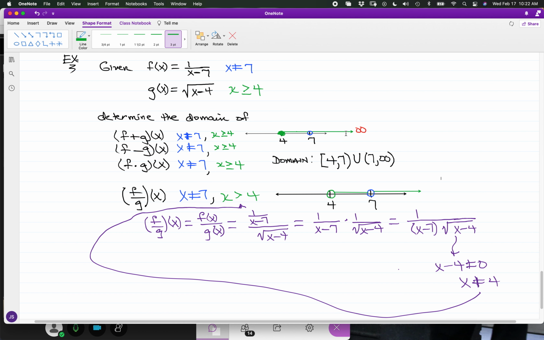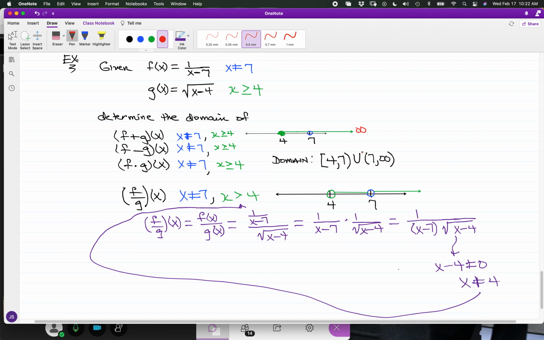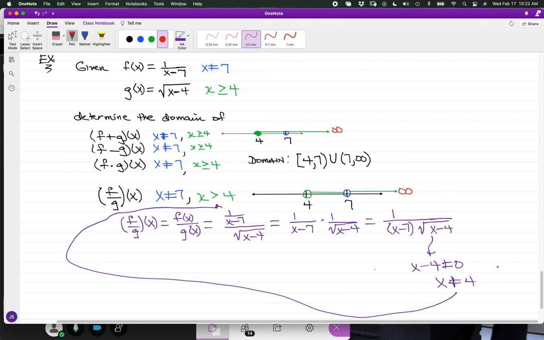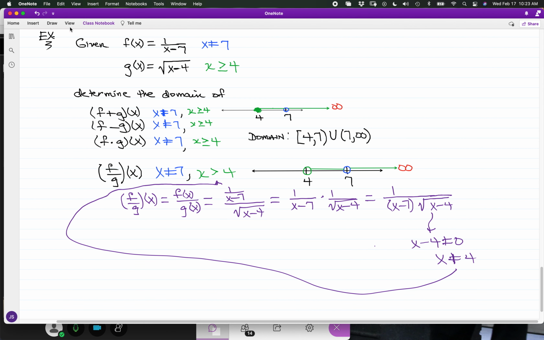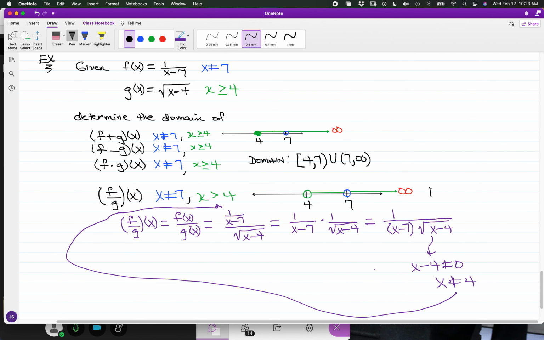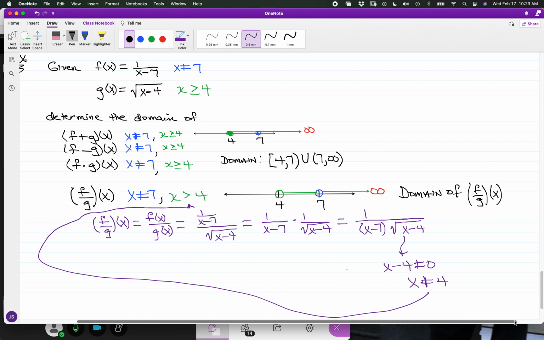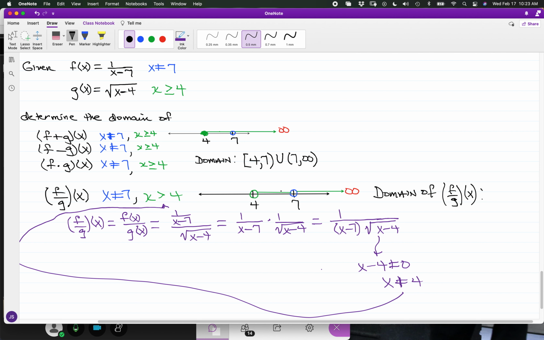Okay, so you have, again, a ray going continuously out to the right. And so it's going to follow that for the domain of this particular quotient function, the domain of f over g of x, this time 4 is not included, so we're going to have a parenthesis around 4.